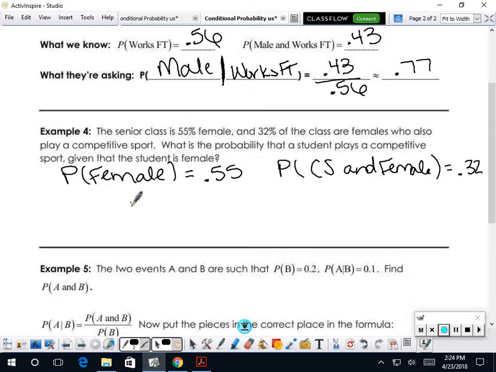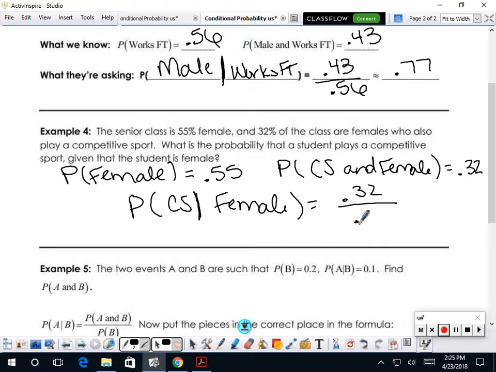All right, so if we have the probability that a student plays a competitive sport given they are female, then we're going to set it up 0.32 divided by 0.55. Okay, you should get 0.58 for your answer.